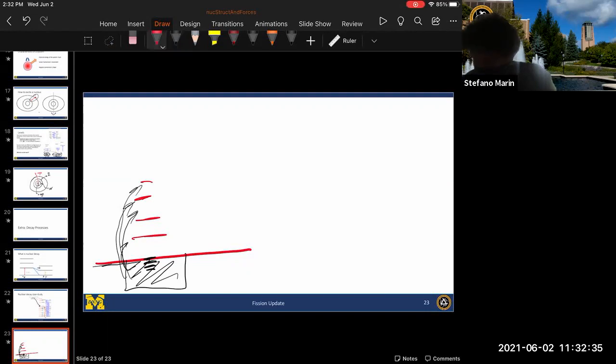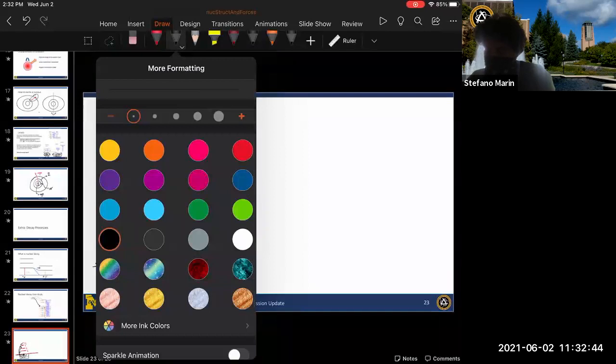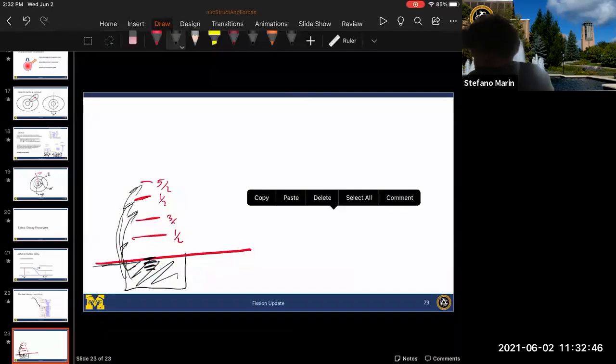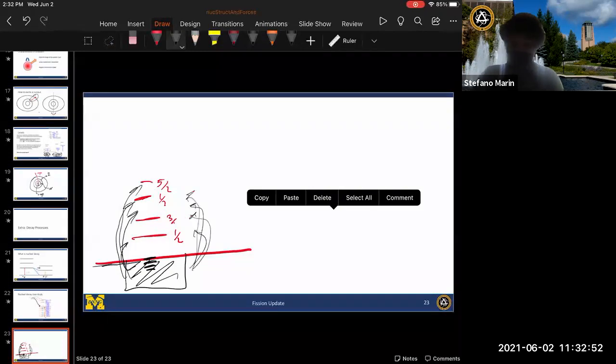So maybe this one has angular momentum 1/2, 3/2, 1/2 again, 5/2, I don't know. And then you ask, what is the total angular momentum as I add energy to the system? As I remove particles from below and put them above, what is the angular momentum that I populate? That's how you can describe it with this Fermi gas model, where you extract from below and populate above and above and above.